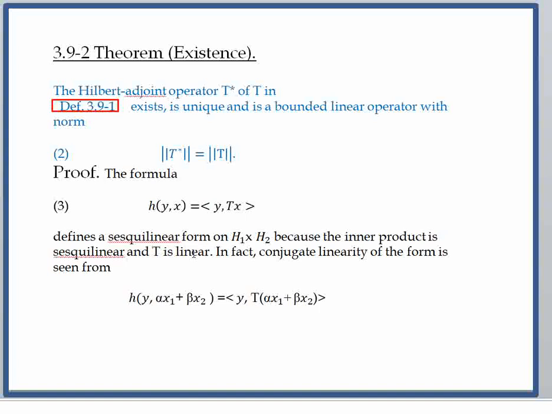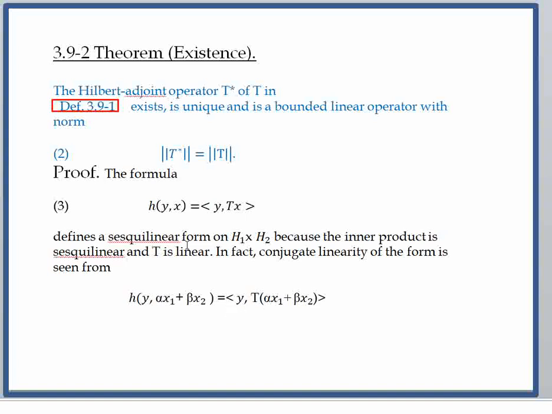We are not proving here that this is sesquilinear. We are just using the definition. In fact, conjugate linearity of the form is seen from here. h(y, αx1 + βx2) is equal to the inner product of y, T(αx1 + βx2).